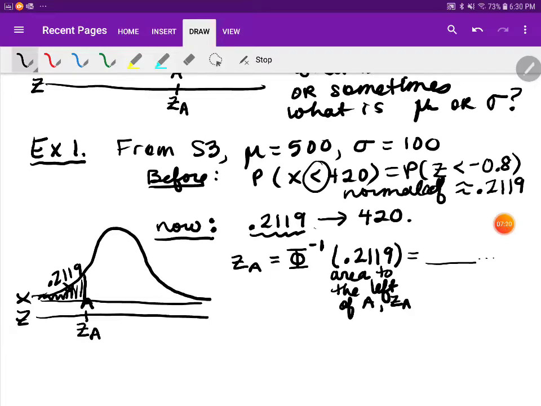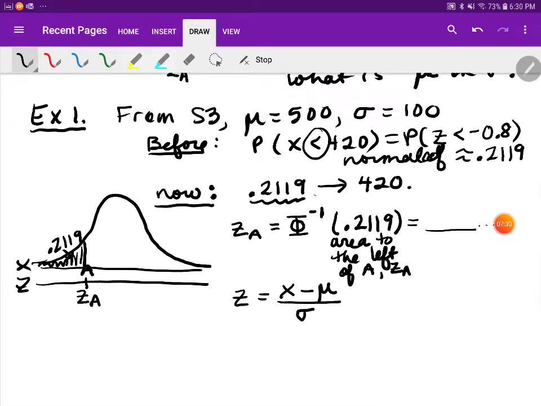So hopefully when you were doing S3's homework, you were using this formula. So you had practice using this formula forward. If you think about this formula, I now have Z, I am missing X, I have mu, I have sigma. So I have three things and I'm just missing one.